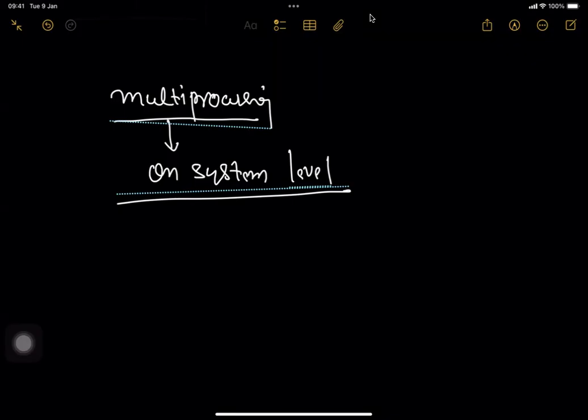Multiprocessing means you can open one process for WhatsApp chat, one process to watch Netflix, and one process playing your music, and they all are independent. They don't share anything. Say you are developing a Java program and listening to music, you are also downloading some movie and the download is in progress, and you also print a document. So there are four or five processes you are executing at the same time concurrently, and that is called multiprocessing. Clear to you all?